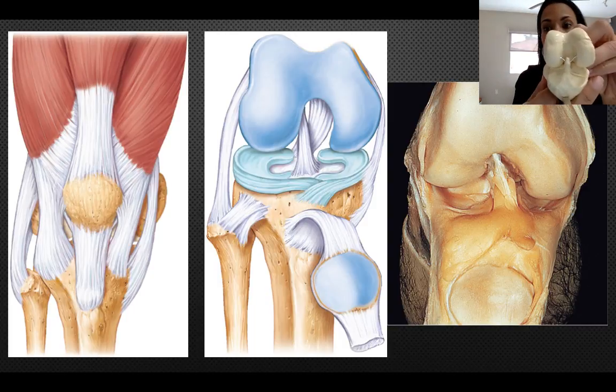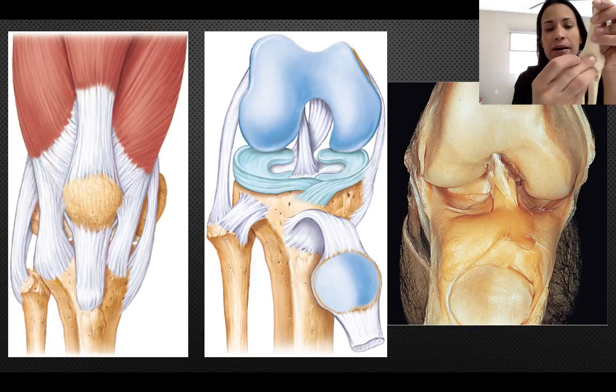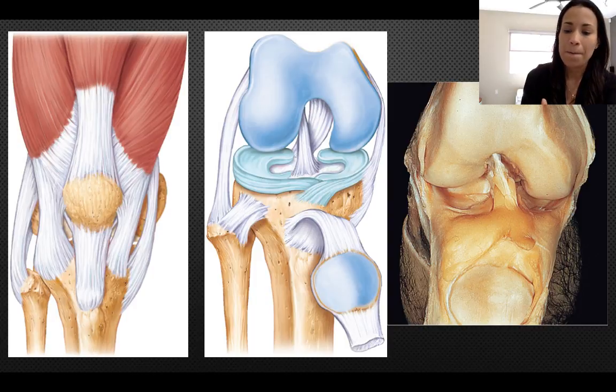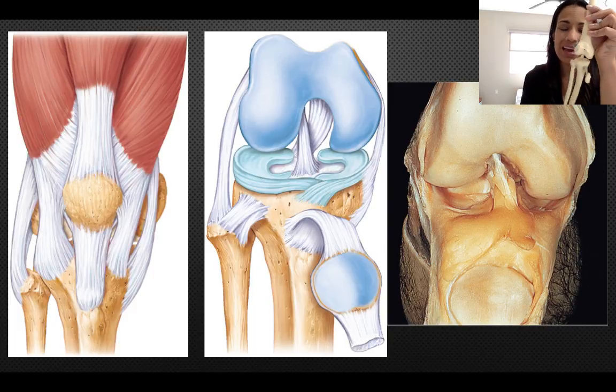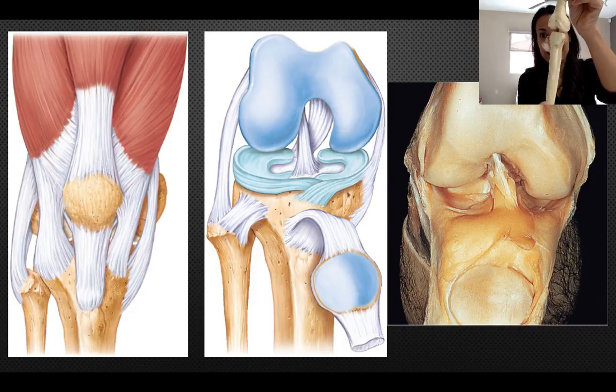Since both are condyles on the femur and the tibia, we call this a bicondylar articulation, and a modified hinge articulation because besides providing flexion and extension, it can provide limited medial and lateral rotation. It's very subtle, maybe like this.